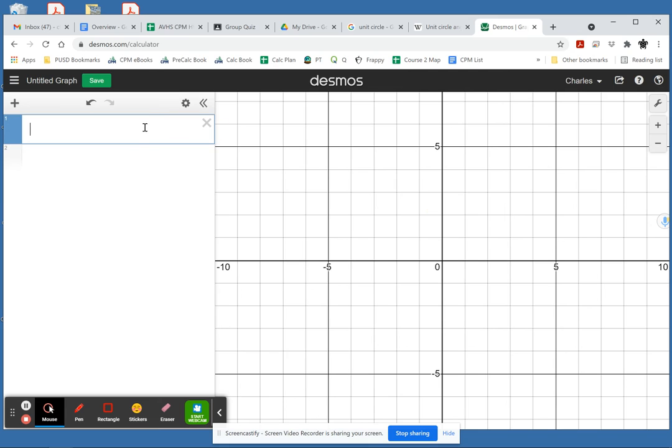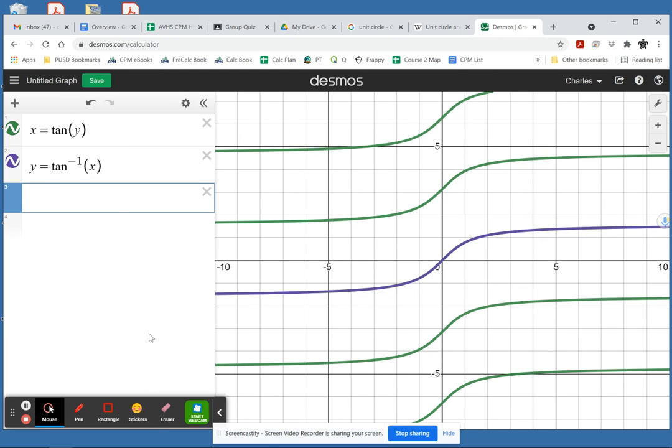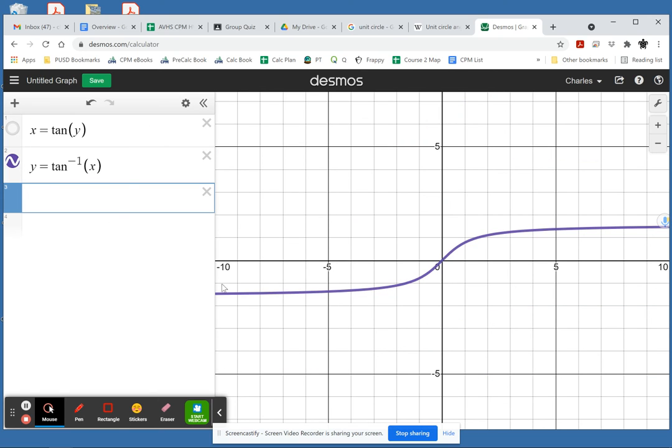Tangent, let's see. Let's see what this looks like. X is equal to tangent of y. That's interesting. So now y is equal to tan inverse of x. Only that middle line.